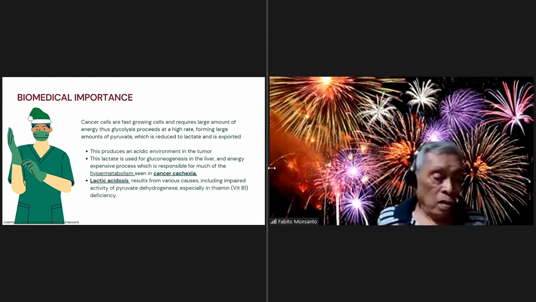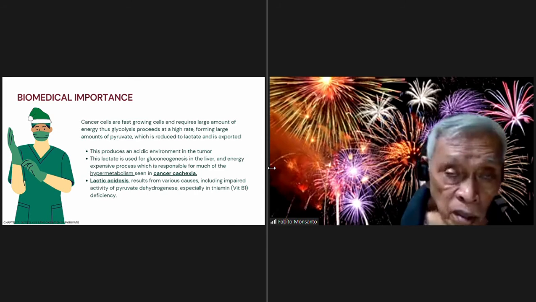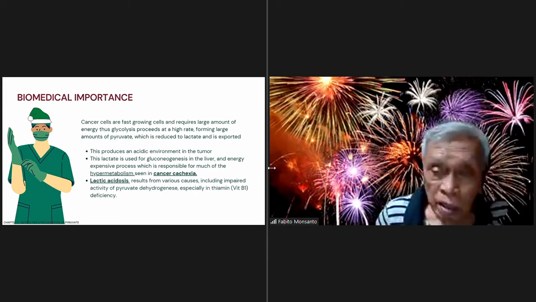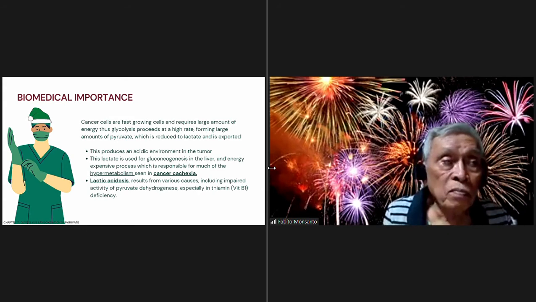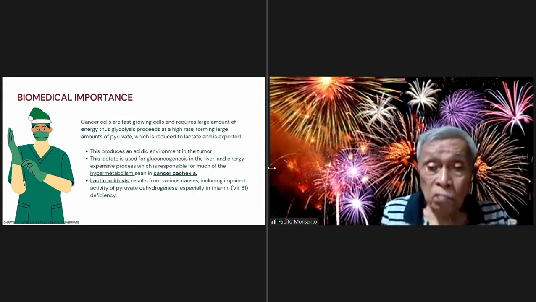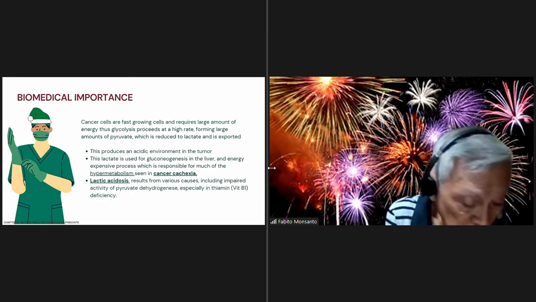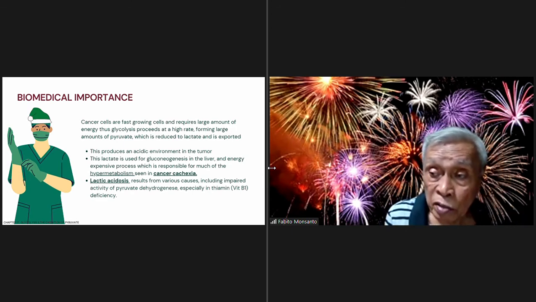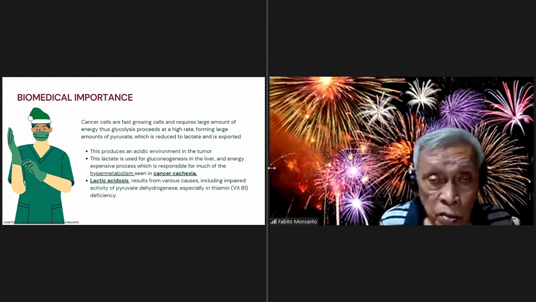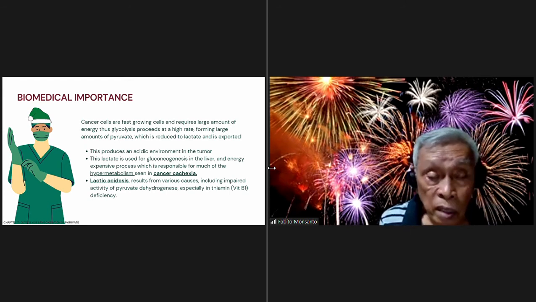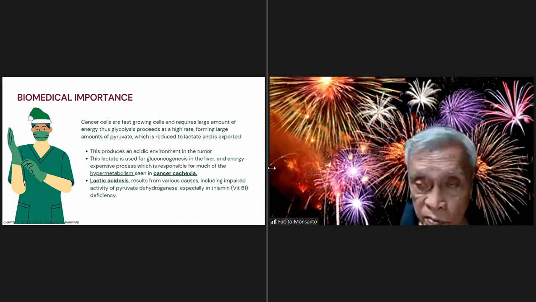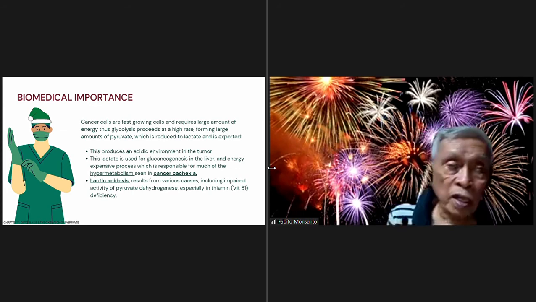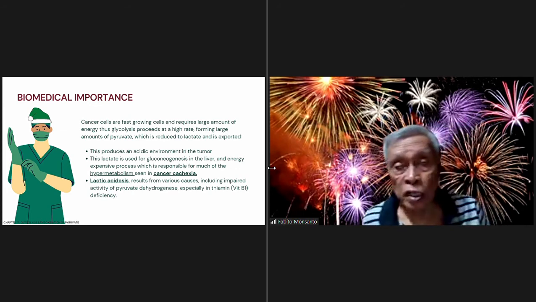Okay. We mentioned that cancer cells do not like oxygen. So they thrive in deficient oxygenation. And so their type of glycolysis is anaerobic, which is a very expensive way of producing energy.